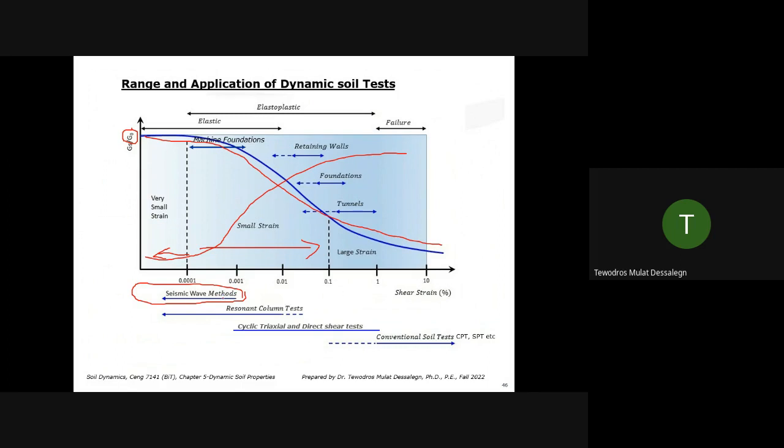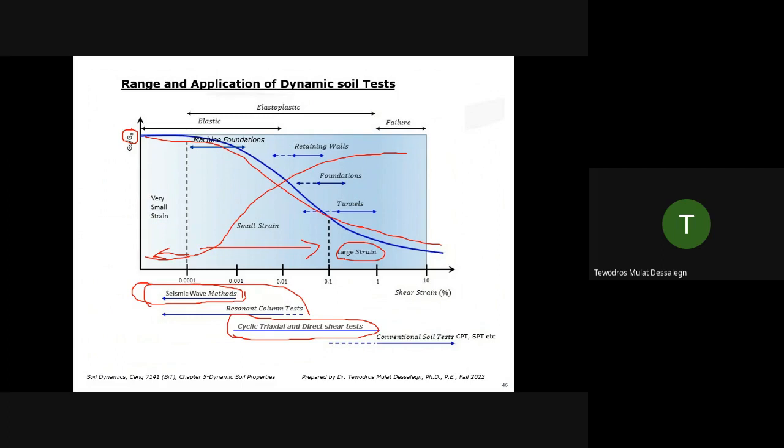So seismic wave methods are very low strain, less than 0.001. The resonant column test is also very low strain, approximately from 0.01, and you can go up to 0.1 and lower. Cyclic triaxial and direct shear tests are small strains within the range of 0.001 to approximately 1. Large strain is when the soil is being deformed significantly, like in a slope stability problem.